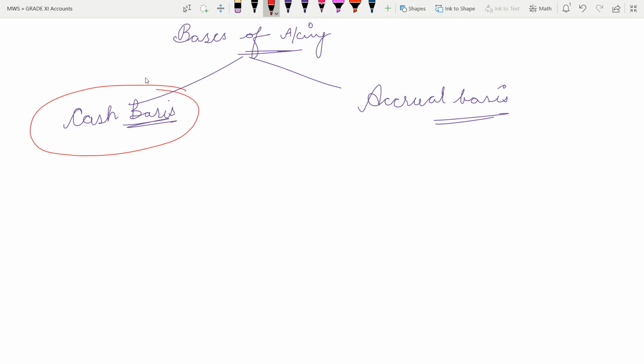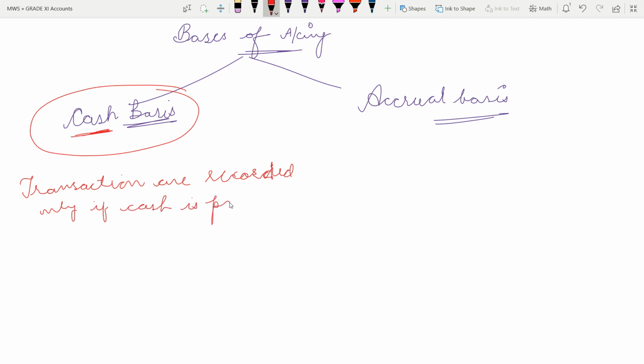See, cash basis, as the name suggests, that transactions are recorded only if cash is paid or received.